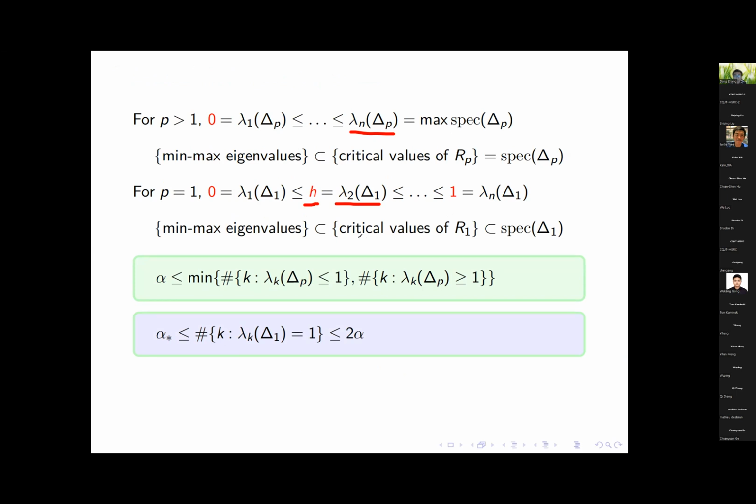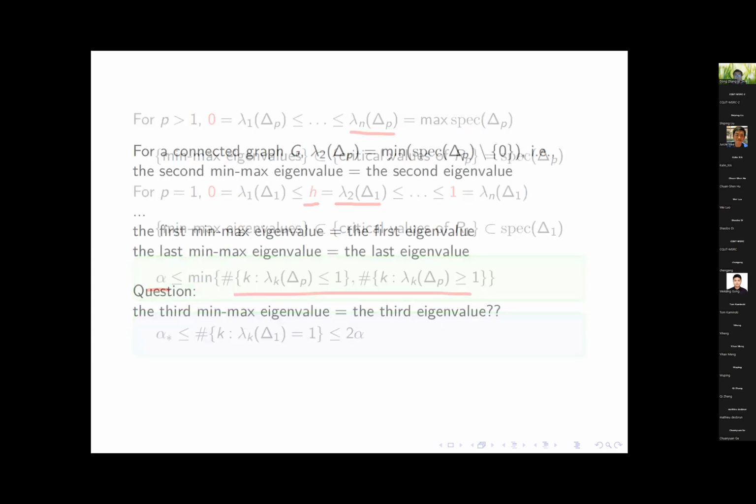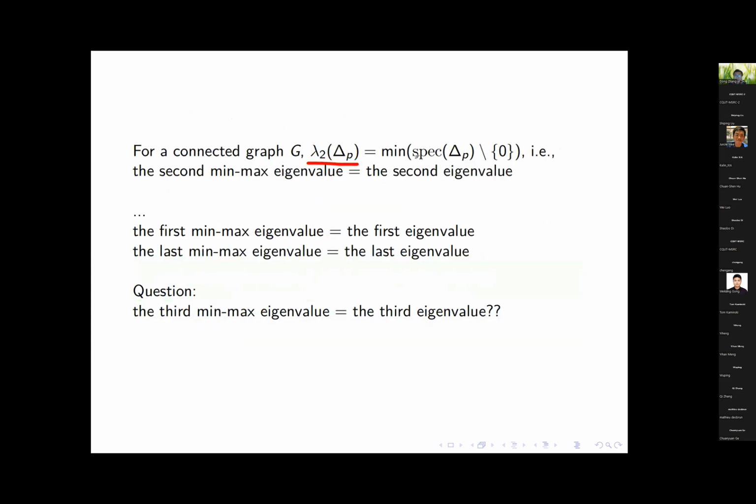But the critical values of the 1-Rayleigh quotient may not coincide with the spectrum of the 1-Laplacian. And similarly, we can prove an isoperimetric bound involving the distribution of the minimax eigenvalues of the p-Laplacian, like this. For a connected graph, the second minimax eigenvalue is always the smallest positive eigenvalue of the p-Laplacian.